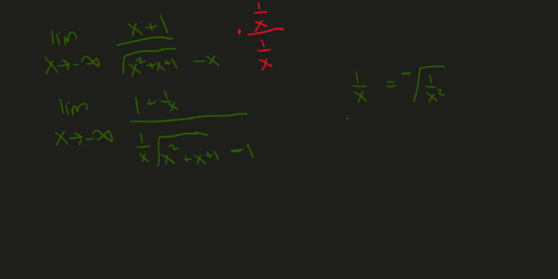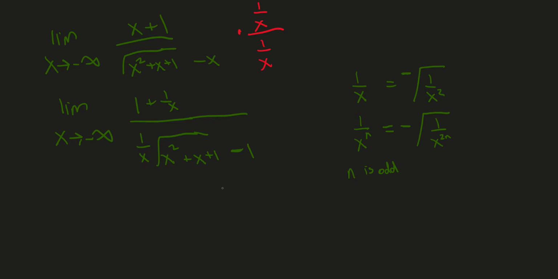And so the big rule is that when you have 1 over x to some power n, and you're multiplying it by a square root of some kind, and n is odd, right? N is odd. If it's even, we don't do this. If n is odd, you have to put this negative outside here.